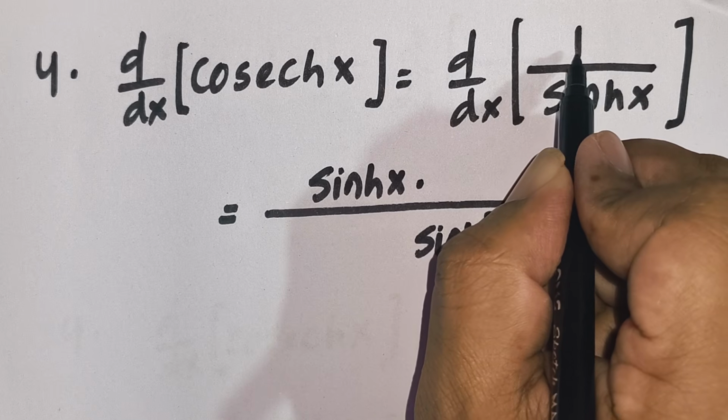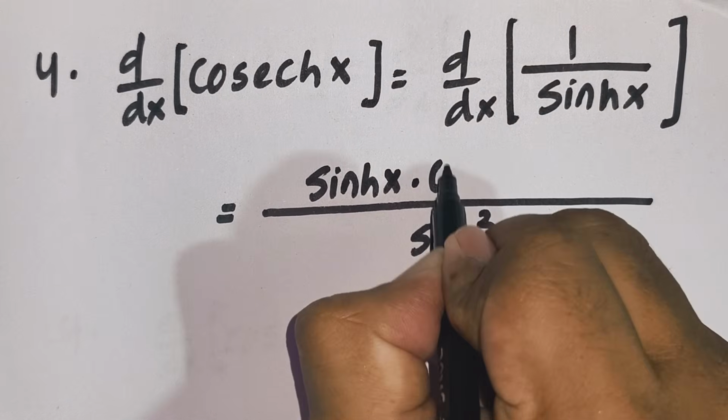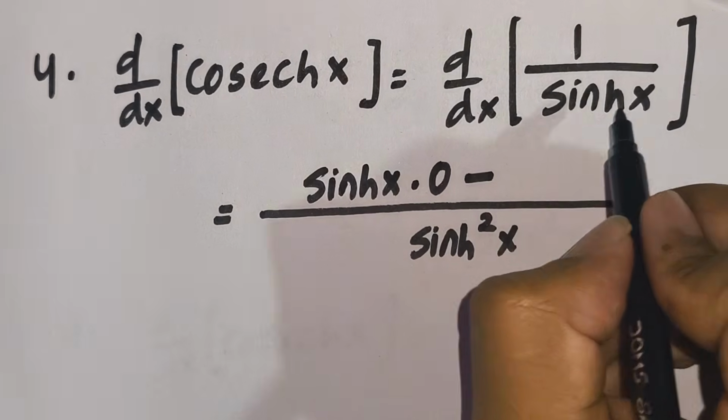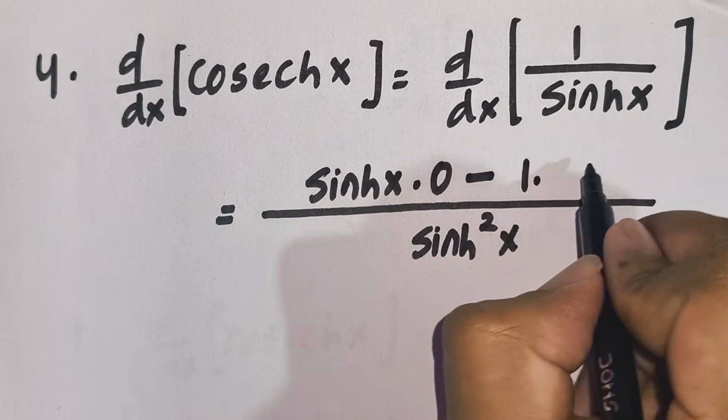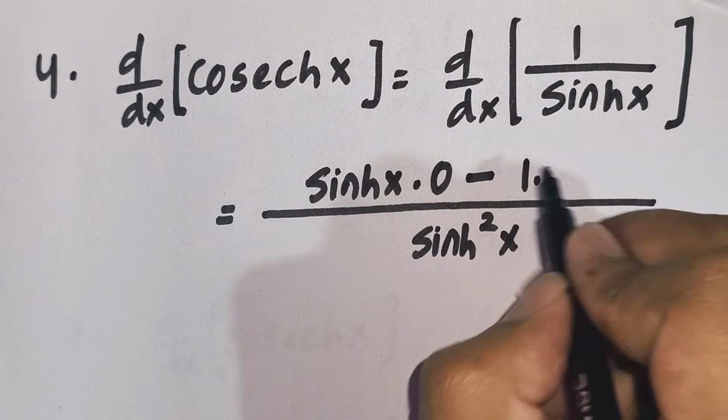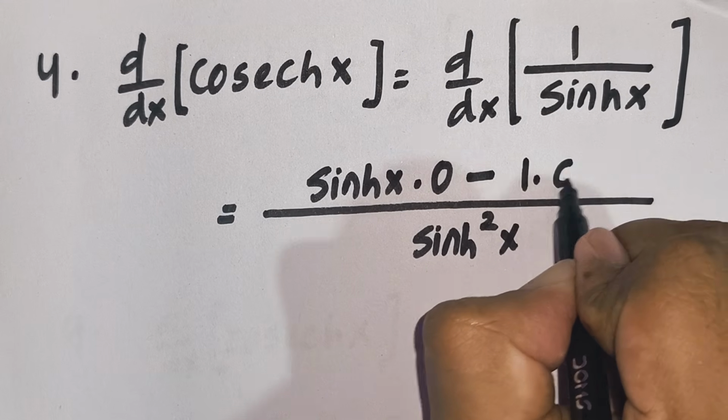Derivative of a constant is 0, so derivative of 1 is also 0. Then we have a negative sign, 1 numerator times derivative of denominator. What is the derivative of hyperbolic sine? We have already seen it is hyperbolic cosine.